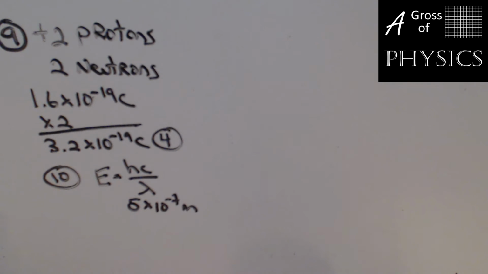So we're going to have to use 6.63 E negative 34 times 3 E8 divided by 5 E negative 7. And we're left with 3.98 times 10 to the negative 19 joules, which is choice 4. No, choice 3, because they round to 4.